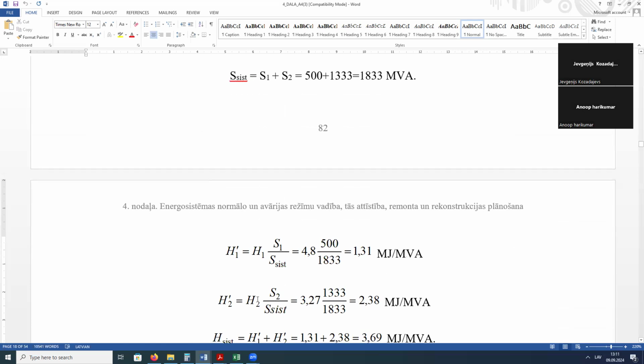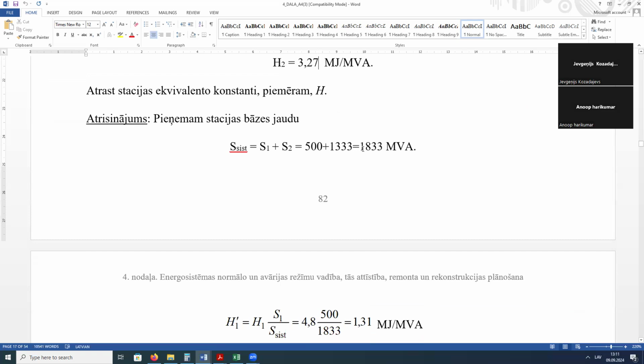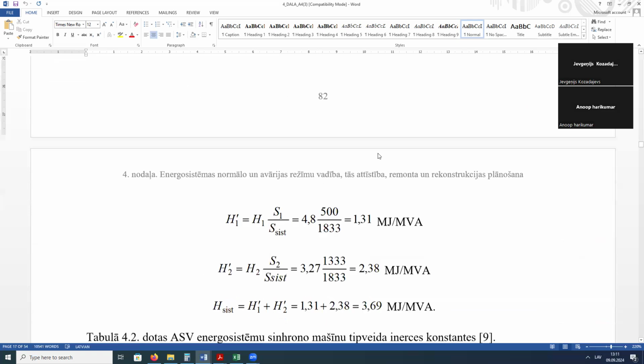For the second, the second generator inertia multiplied by the second generator power divided by the system power. So the second one is 3.27 multiplied by 1333 and divided by 1833.